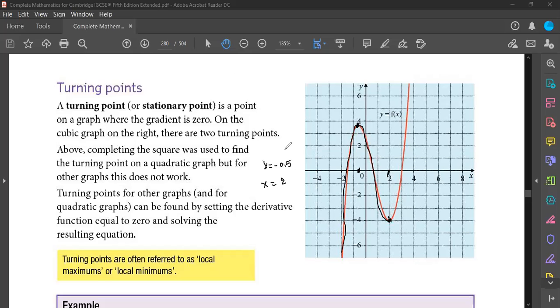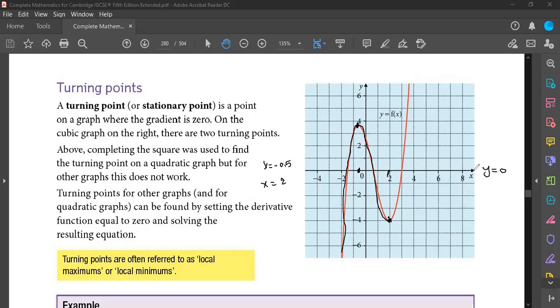So, guys, the gradient of the line that is the x axis. What is the equation of the x axis? You can't remember? Equation of the x axis: when y equals 0. Sorry, when y equals 0. Yes.